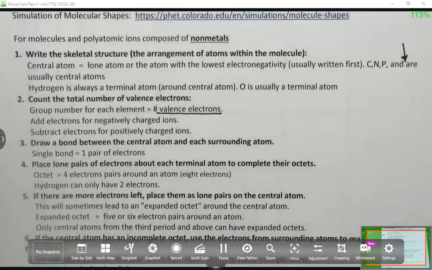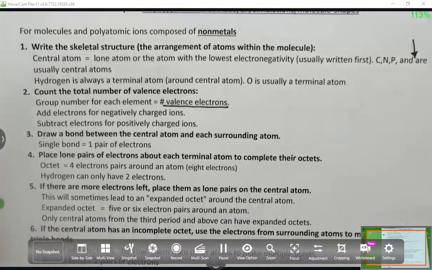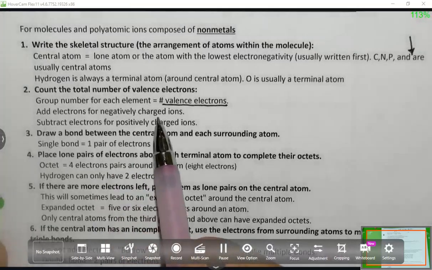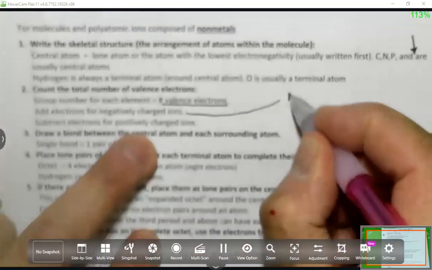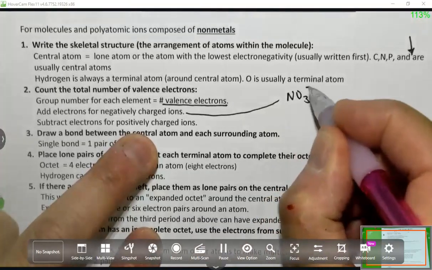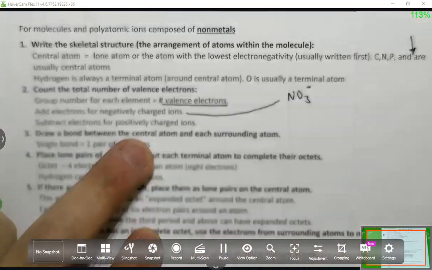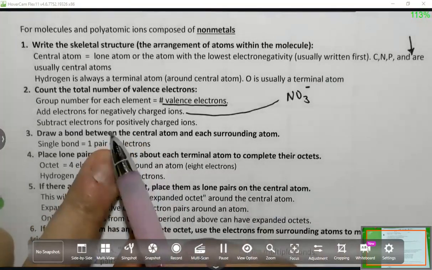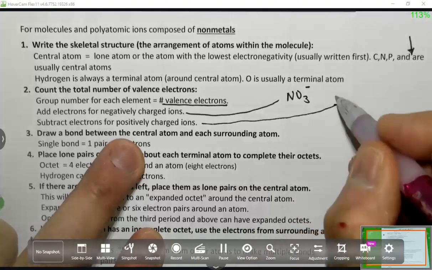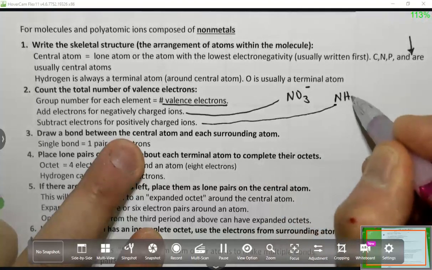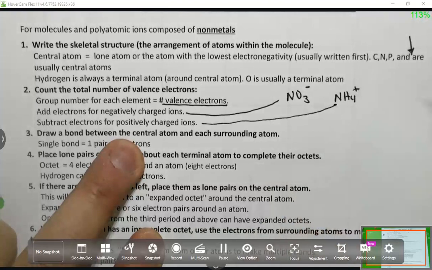Okay, so we're going to count our valence electrons. And we have to add electrons for negatively charged ions. An example of that would be NO3 minus. Subtract electrons for positively charged ions. An example of that would be NH4 plus.